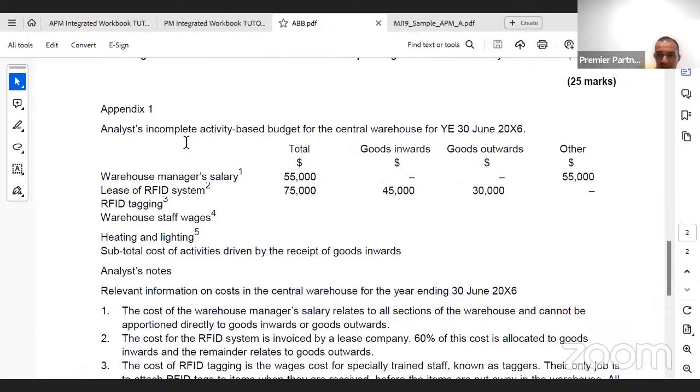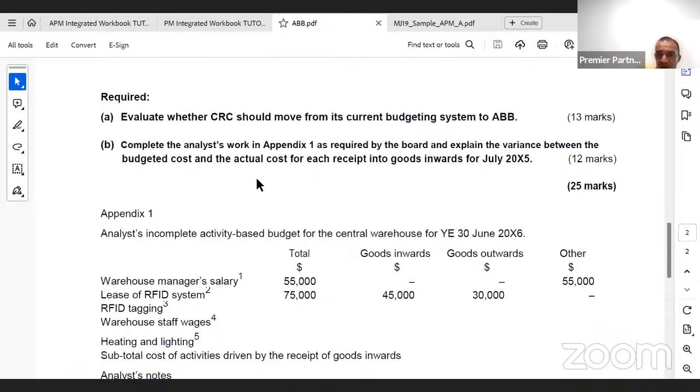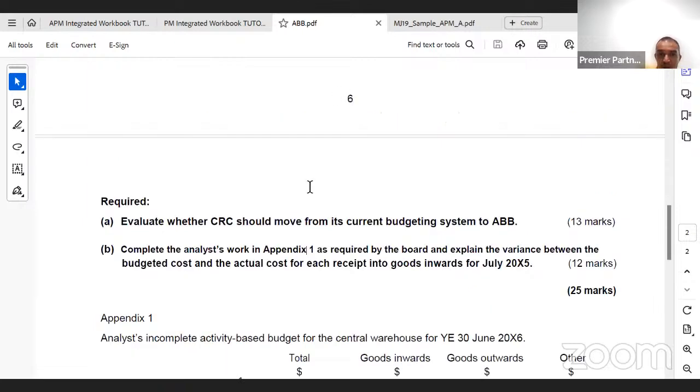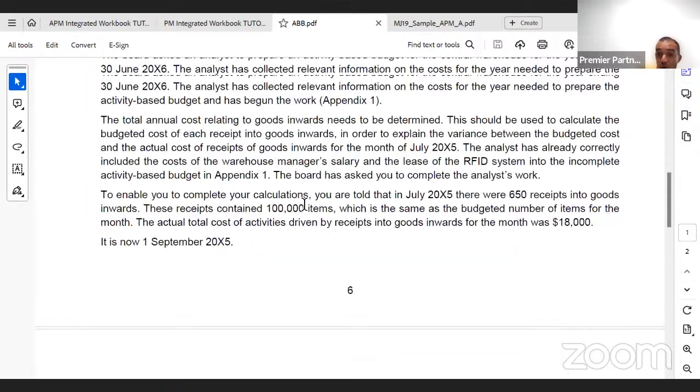Basically, the second part: complete the analyst work in Appendix 1 as required by the board and explain the variances between the budget cost and actual for each receipt into goods invoice for July as required by the board. That's what we need to read.